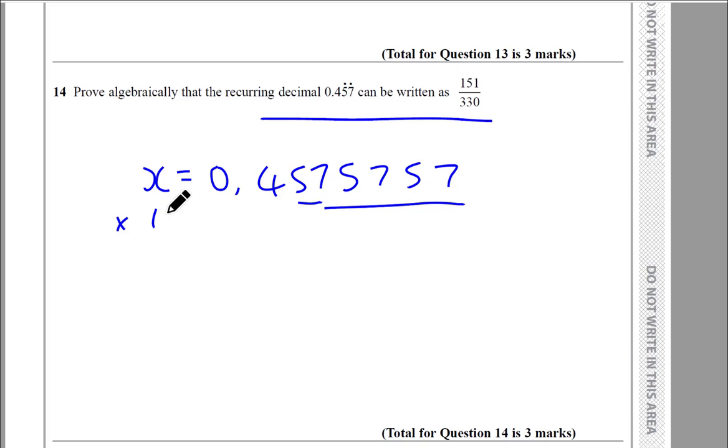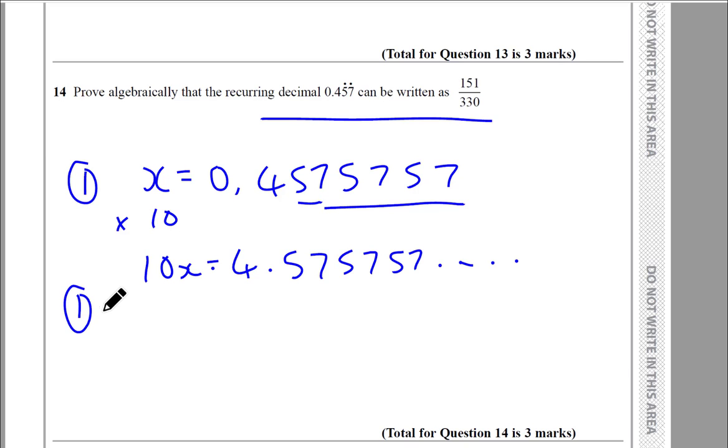Times by 10, we're going to get 10x equals 4.575757. Right. Let's multiply x now. Let's call that 1. Let's multiply 1 by, we want to cancel this out.